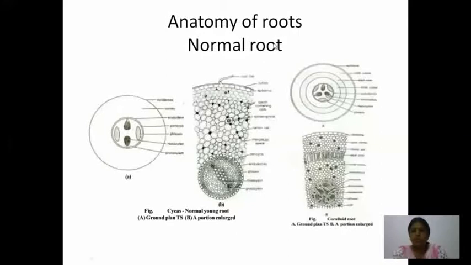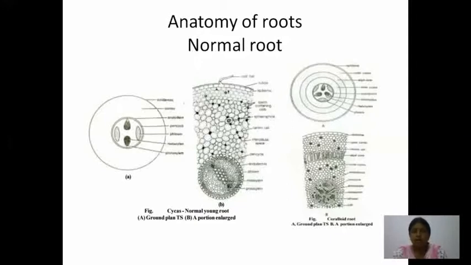Here you see that there is the outer epiblema, and below this epiblema you see the cortex region. Below the cortex region, here you see endodermis and pericycle, and this is the stele inside it.